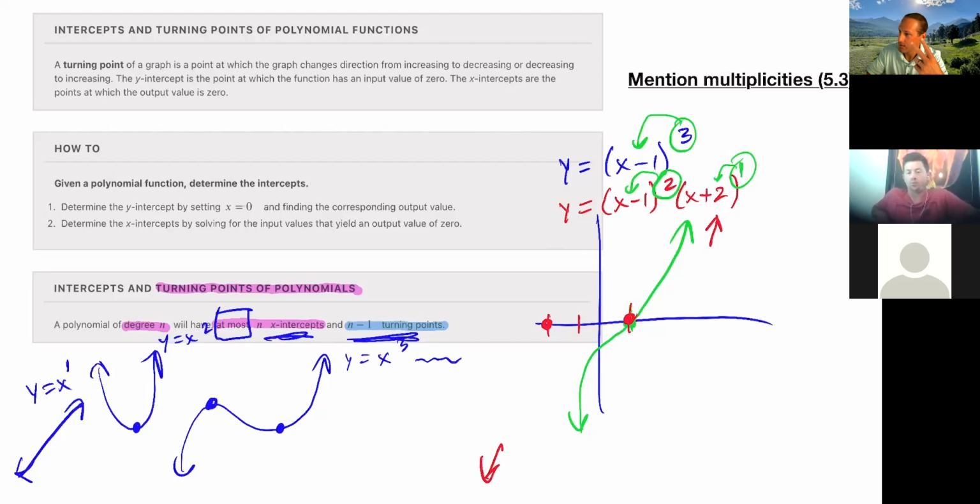Even. And if it's even, we know it's the same. So when it hits this 0 value, since it was up here, it's going to hit that and go up the same direction. Odd, opposite, goes through. You guys see how you can use all of that information to get a quick sketch of what that graph looks like?